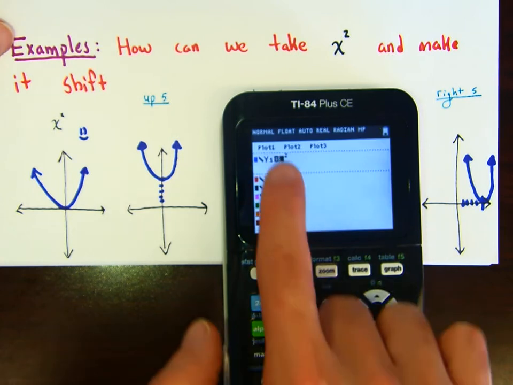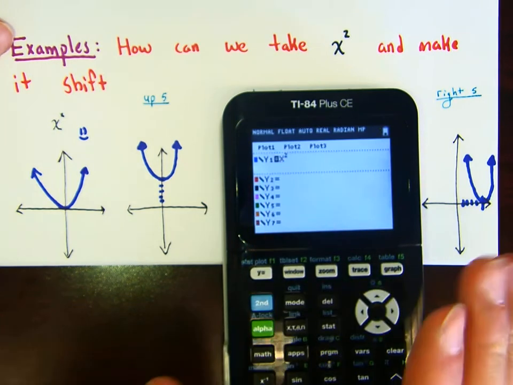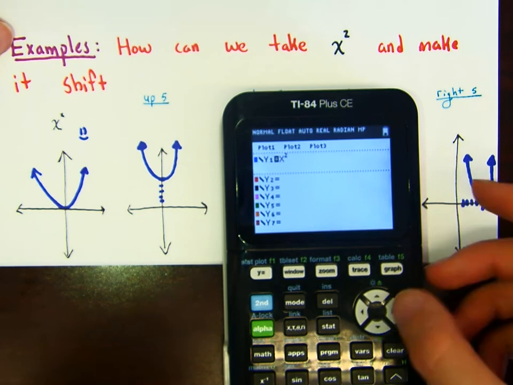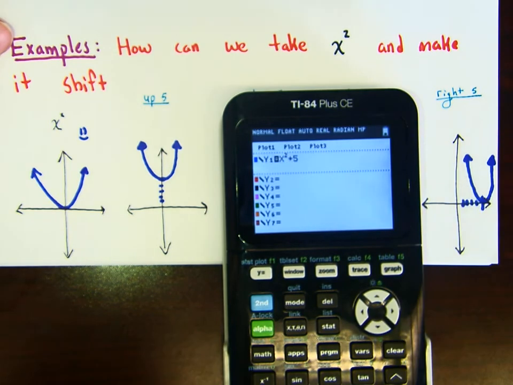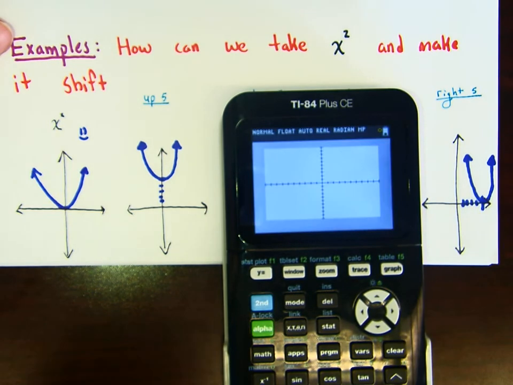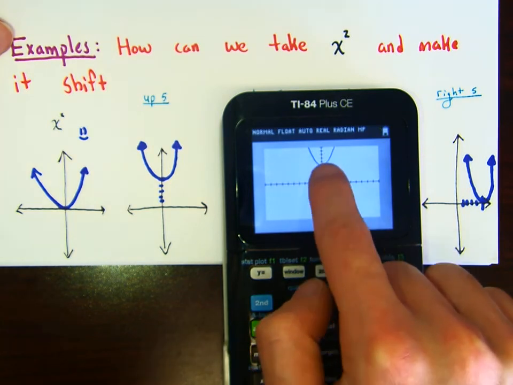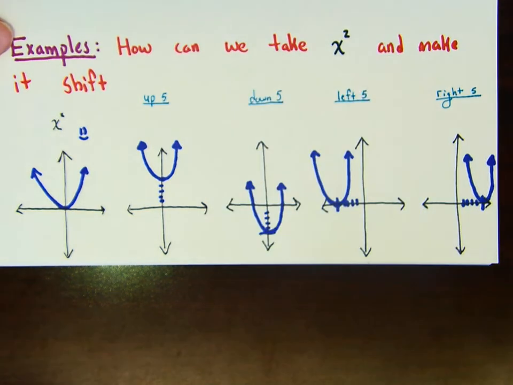Now, what would I have to do to this x squared to make it go up 5, right? Let's try this. I would say x squared plus 5, and then voila, notice that basically the graph goes 5 units up.